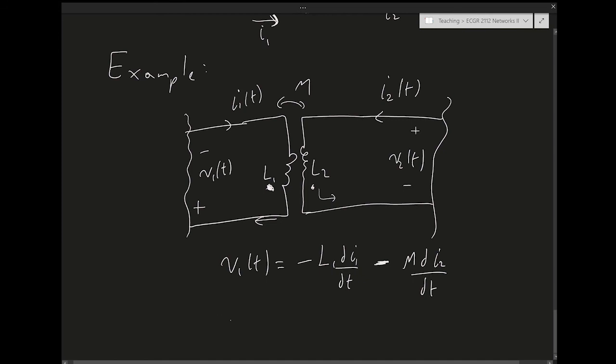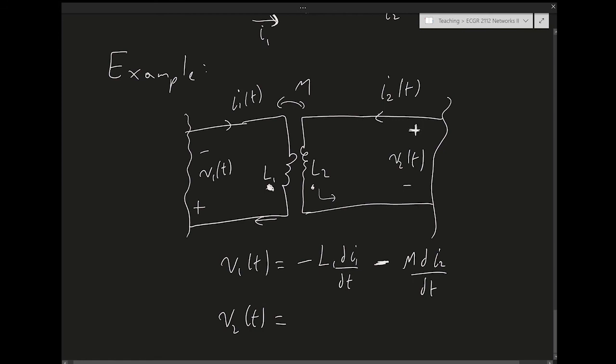V2 of t now. Notice that I2 is coming in here. Let's start with the self-inductance. I2 is coming into where the positive polarity is.